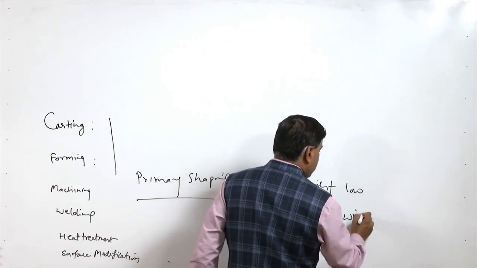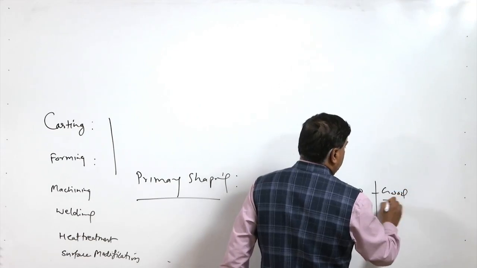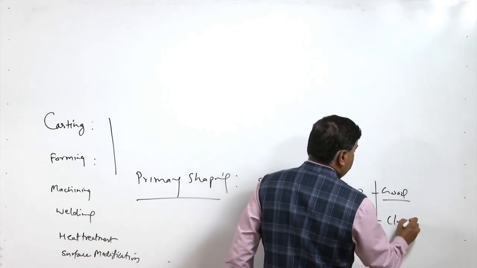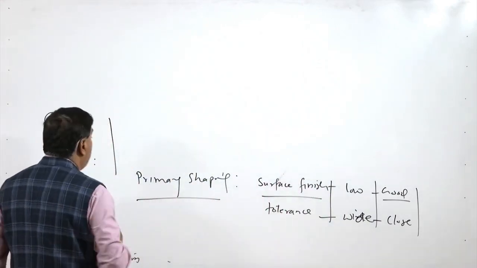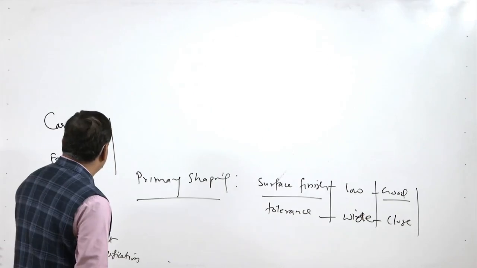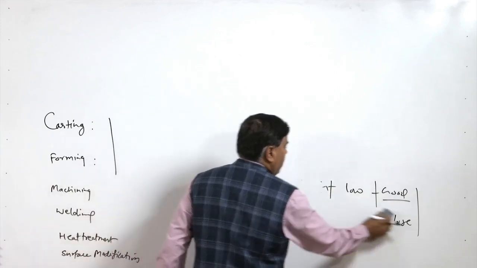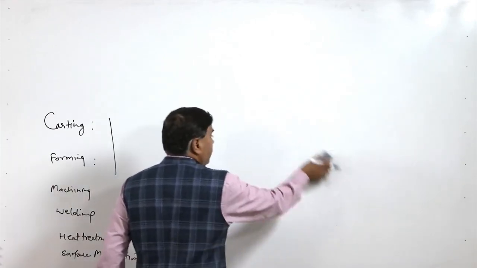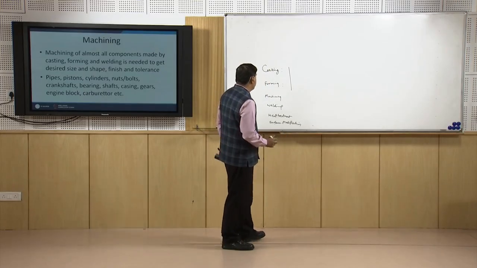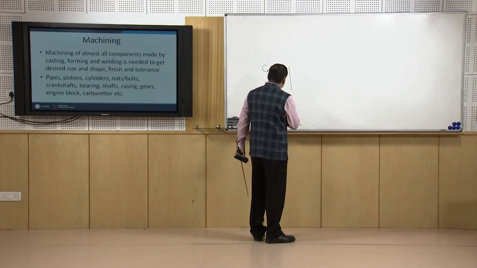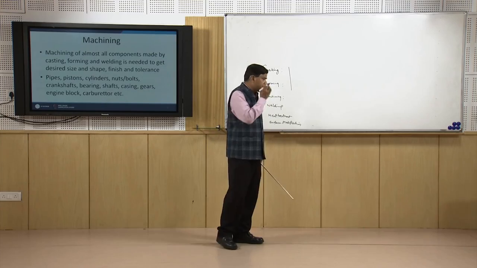Therefore, to have a very good surface finish, as per requirement, and close dimensional control, it is necessary that all the cast and formed components are processed by the secondary processing, which is called machining, so that the desired degree of finish and dimensional control can be achieved. So, basically the main application of machining is to control the dimensions and the surface finish.